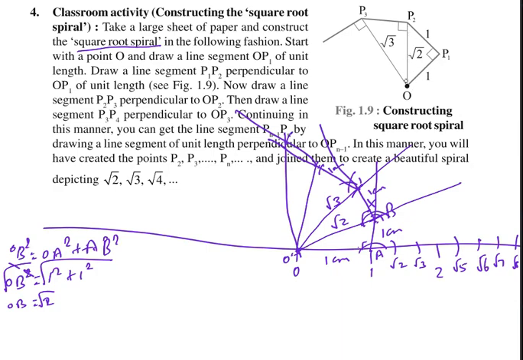Next the length of root 2, root 3, root 4, root 5, root 6. If you see in this number line, the length of root 2 is increasing, the length of root 3 is increasing. So if we take root 17, root 18 and so on, the lengths of the irrational numbers will go in increasing order.